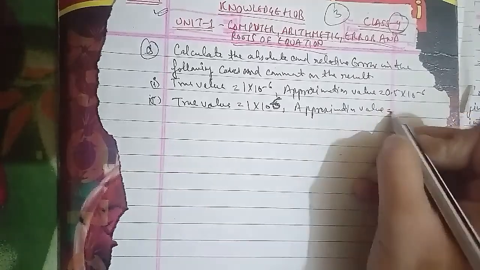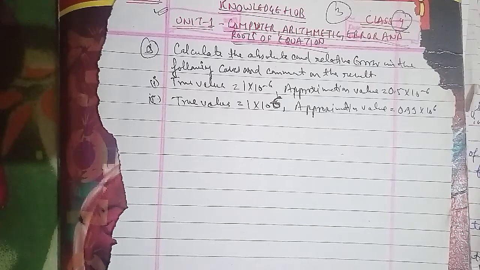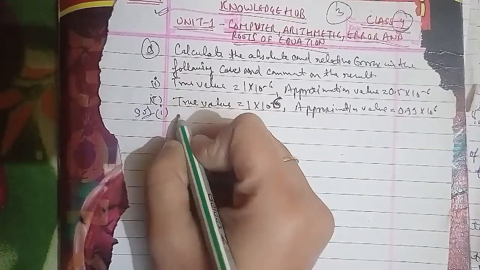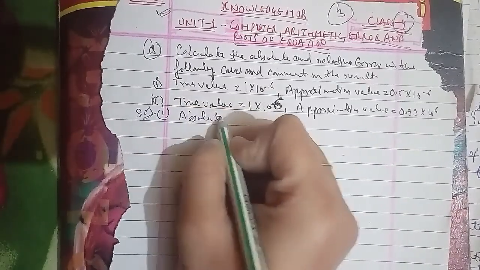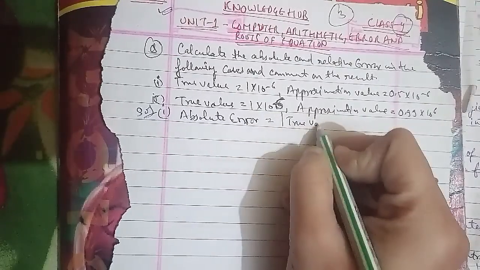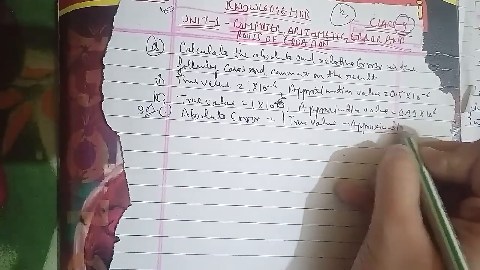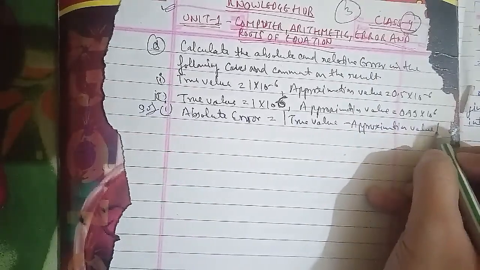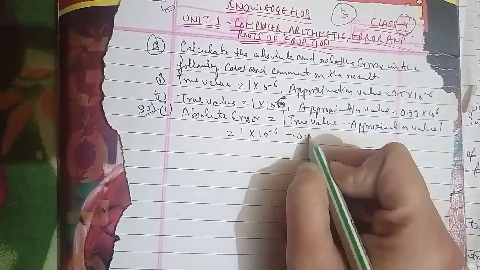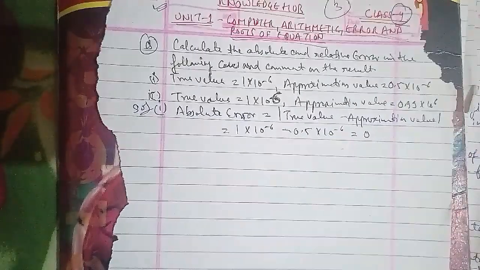For absolute error, we'll find it for the first one. Absolute error equals true value minus approximation value, equals 1 into 10 to the power minus 6 minus 0.5 into 10 to the power minus 6, which is 0.5 into 10 to the power minus 6.